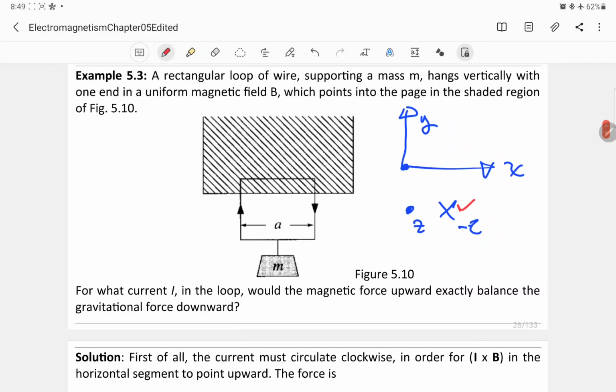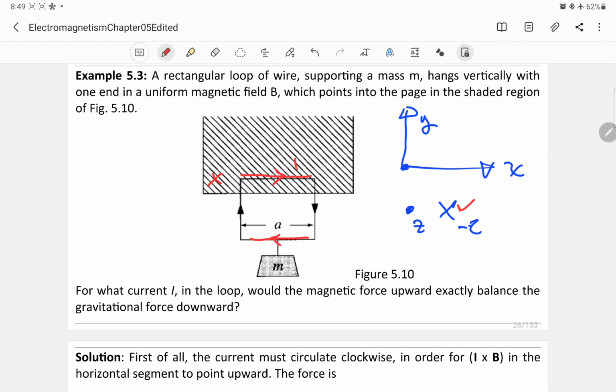Here your magnetic field is going into the page, and your current must be going clockwise in direction.